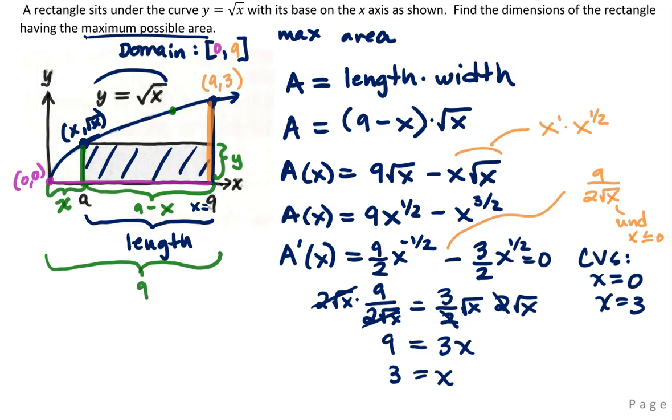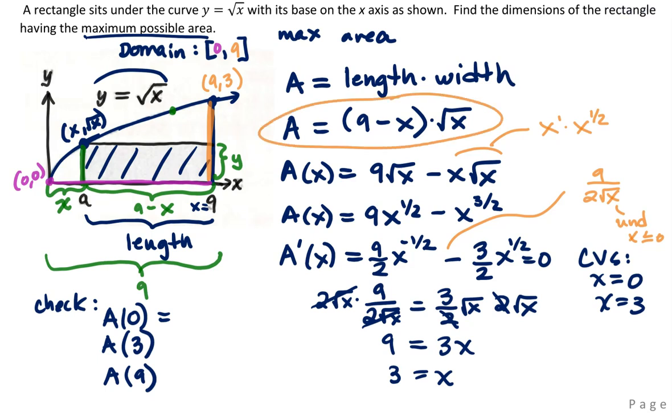We already had 0 on our critical values list, so really our check to see if we found a maximum is going to be to plug 0 in, to plug 3 in, and to plug 9 in. And by plug in, I mean plug into the area function. Let's see, which version do I like? Well, I like this version fine. Let's use it.